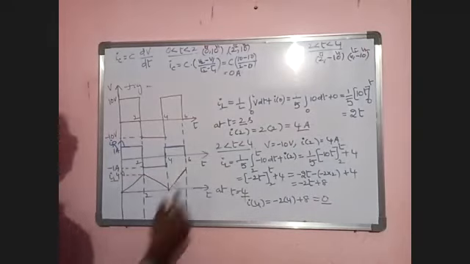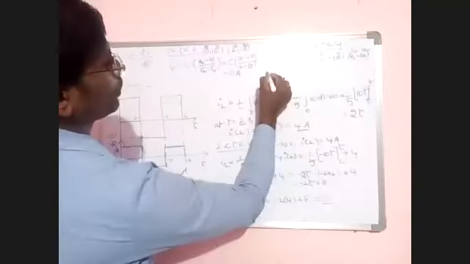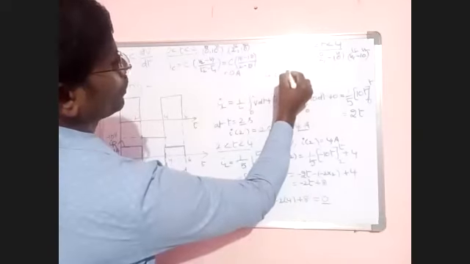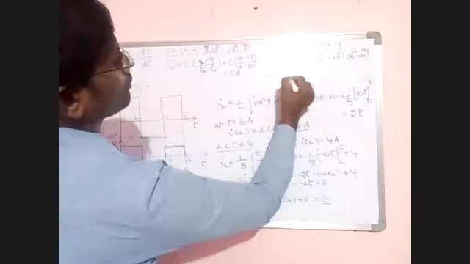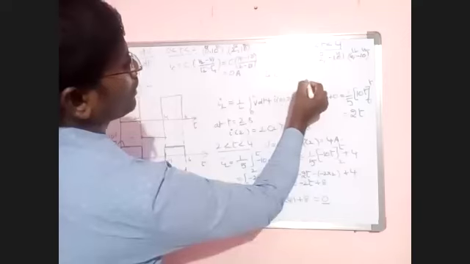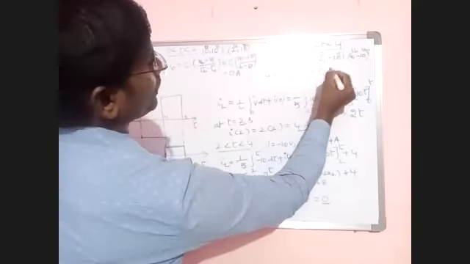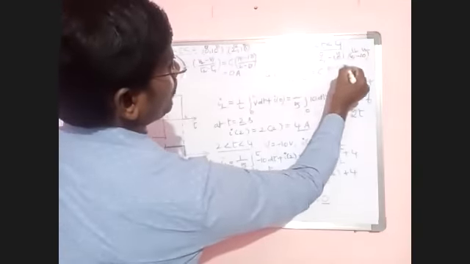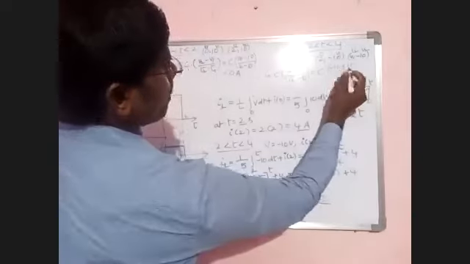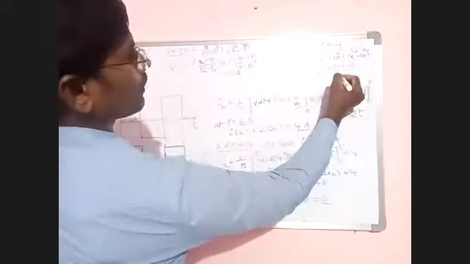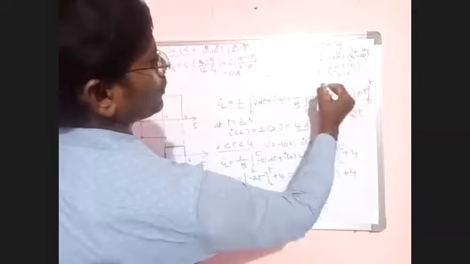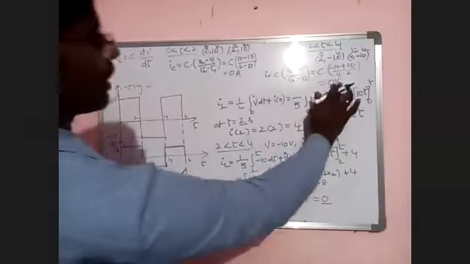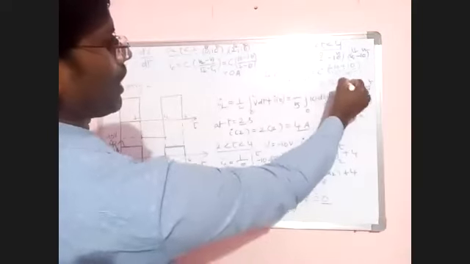So from this we can find I is equal to C into V2 minus V1 by T2 minus T1. This gives C into minus 10 plus 10 by 4 minus 2, which is also 0 amps.